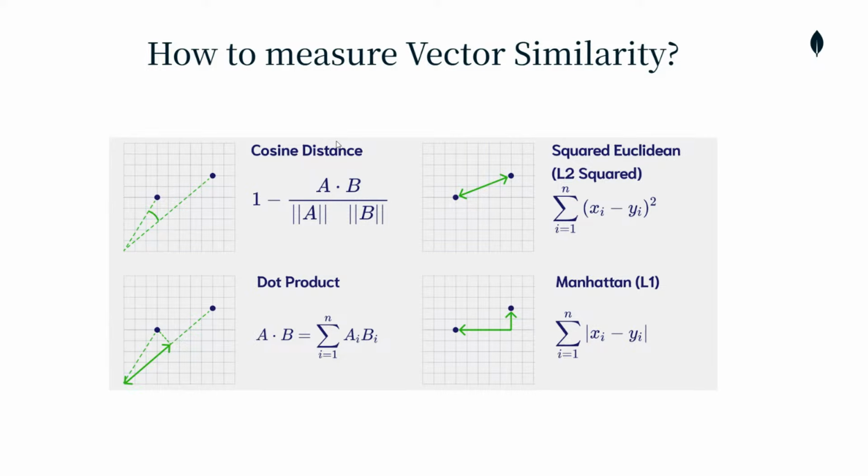And we have cosine and dot product. Cosine is using the angle between the two vectors, and dot product is using both the angle and magnitude. It turns out that using angle is much better for high dimensional vectors than using the Euclidean and Manhattan. So that is why in most applications you would see that either cosine or dot product are being used.